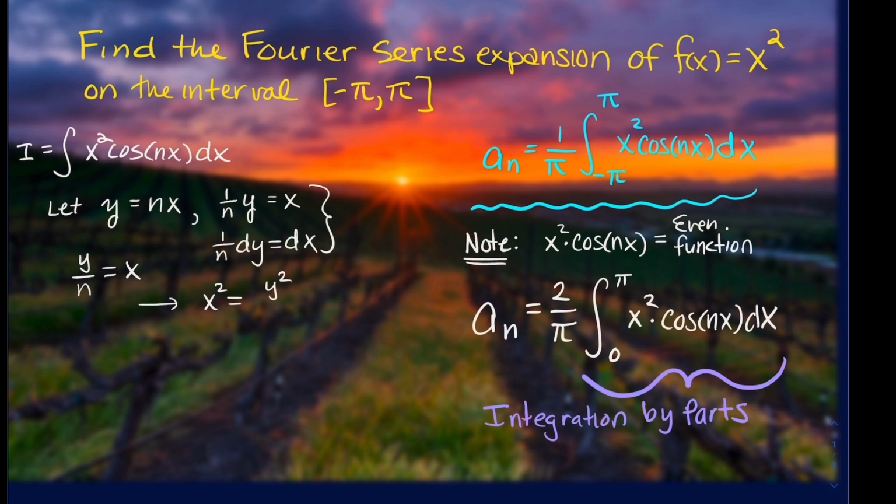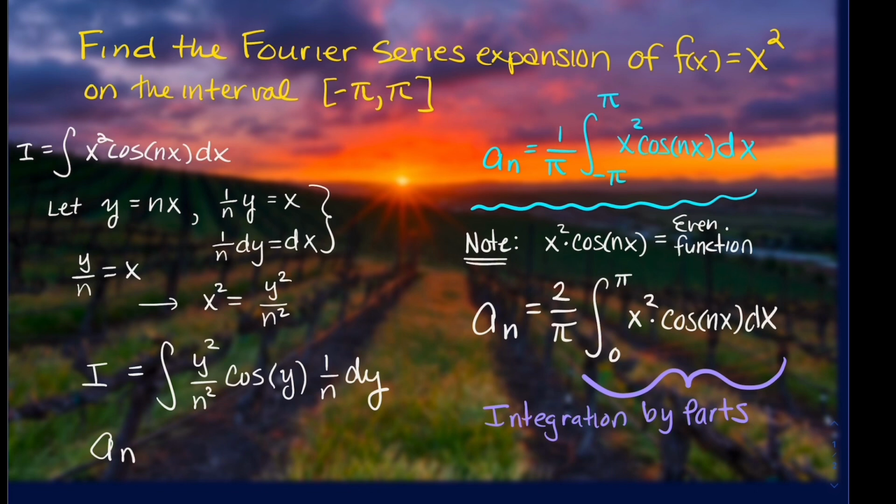This is going to allow us to write x squared as y squared over n squared, and our integral then becomes I equal to the integral of y squared over n squared, cosine of y, 1 over n dy. We can pull some of the constants out front, so a sub n would be 2 over pi n cubed, the integral of y squared cosine y dy.